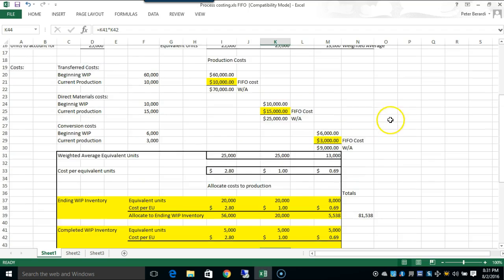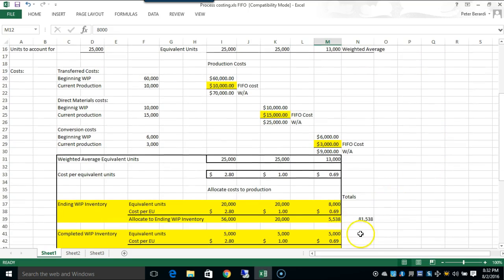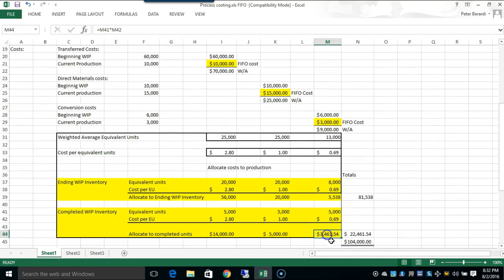Go to your conversion cost column and you'll see your equivalent units are 8,000 times 69 cents is $5,538. I'm sorry, 5,000 times 69 cents is $3,461.